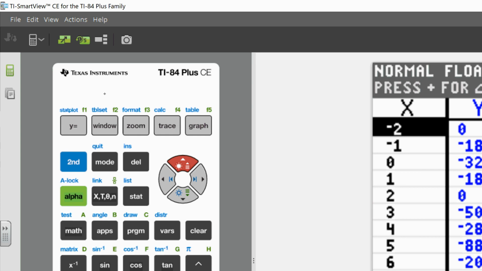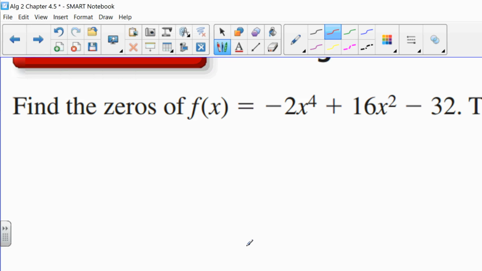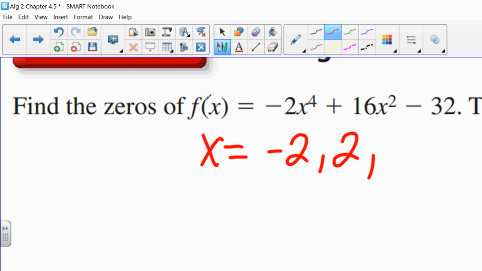So we're looking at negative 2 and 2. Yes? Okay. So we do know that those two are the solutions, yes? So we can come back over here and say x is equal to negative 2 and 2.